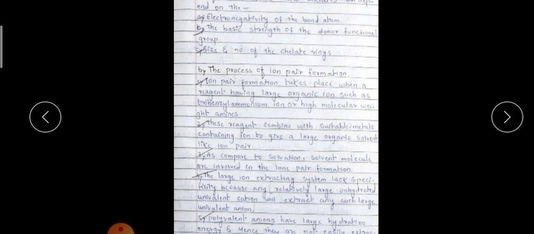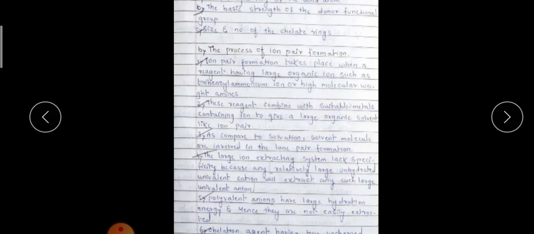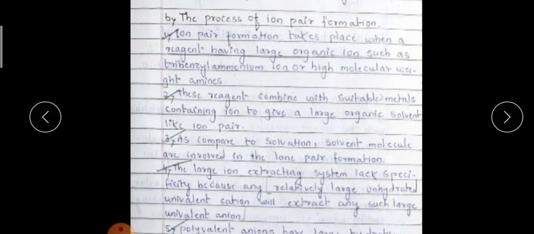Now we have to talk about the process of ion pair formation. Ion pair formation takes place when a reagent having a large organic ion, such as tribenzyl ammonium ion or high molecular weight amines, combines with suitable metal-containing ions to give a large organic solvent-like ion pair.